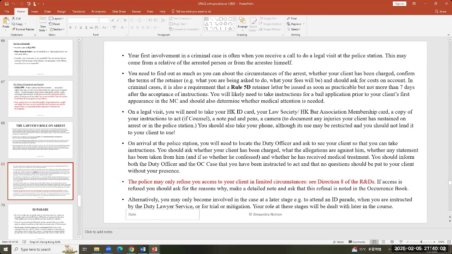So that access can be refused in certain circumstances, but the police have to be able to justify it by saying that it's going to hinder their investigation or obstruct the processes of justice. So as your lawyer, you need to understand why the access is being refused, make a note of it, ask to speak to the duty officer, etc.